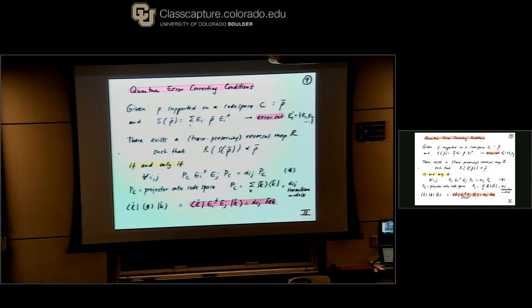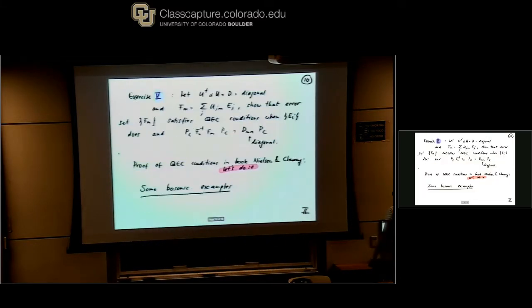I'm not going to show you that. This proof you can find in the book by Nielsen and Chuang in a fairly clear way, because I'm just using the derivation that's given there. Okay, but in order to show you this reversal, I wanted to do one more step.